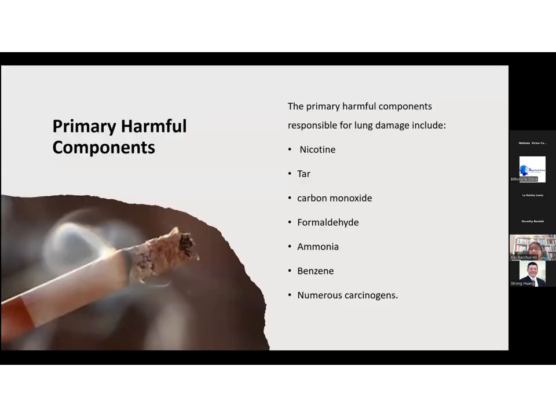Now, of those 7,000 plus chemicals that are found in tobacco smoke, some are very common and are identified as leading causes of respiratory decline or lung health decline. So of those are nicotine. Now, nicotine is primarily known as the addictive component of tobacco. But in addition to being an addictive component, it also contributes to inflammation and oxidative stress, which contribute to tissue injury.